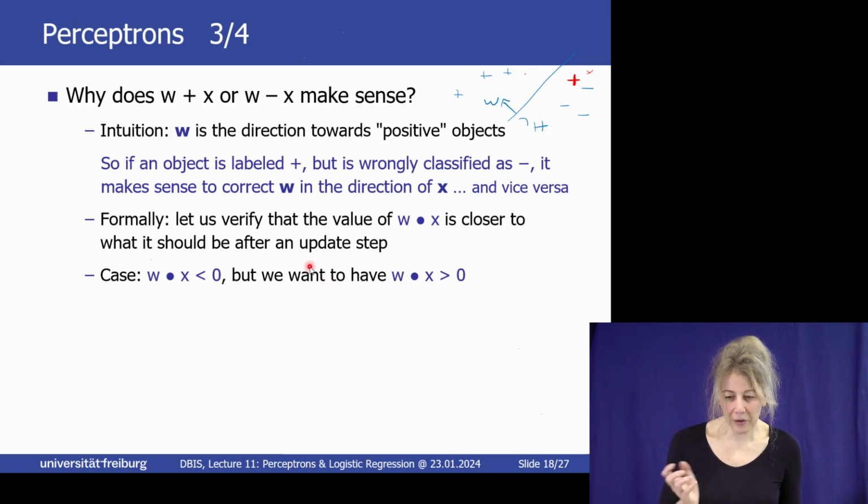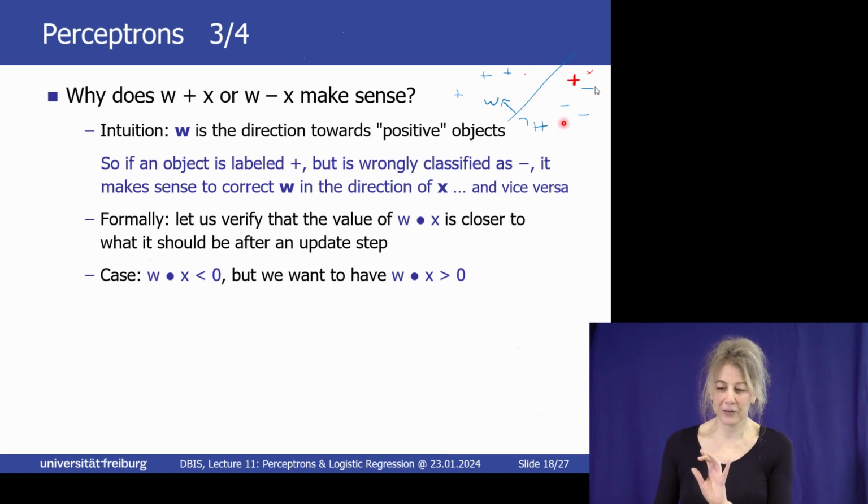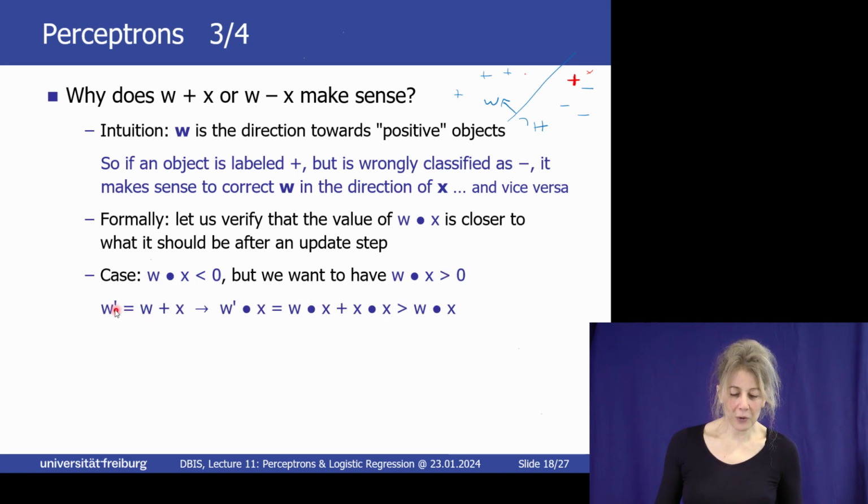If you look at the mathematics, it's actually very easy, but I think you need the combination of the mathematics and this intuition. So our current w says it's negative, but actually it should be positive because it's a positive label. Now, look what happens when I add the x. I've already written it down here. Let's go through it step by step. I'm now updating my weight vector, my normal vector, as follows. I'm shifting the hyperplane.